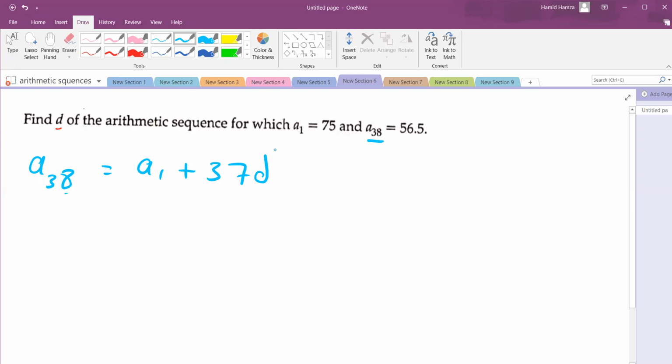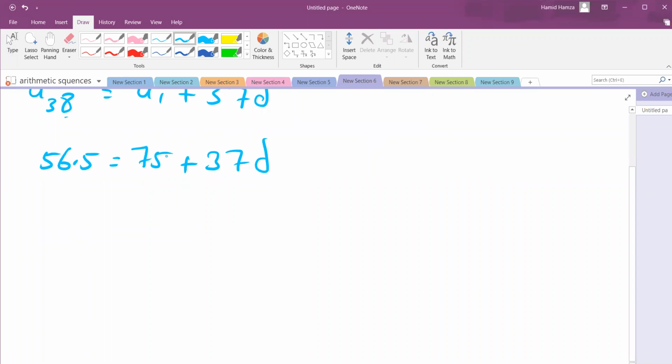A38 is given, which is 56.5, equals A1, which is 75, plus 37 multiplied by D. Now we have an equation to solve. Do you have a calculator? Yes. The answer will be negative 0.5. The final answer is negative 0.5.